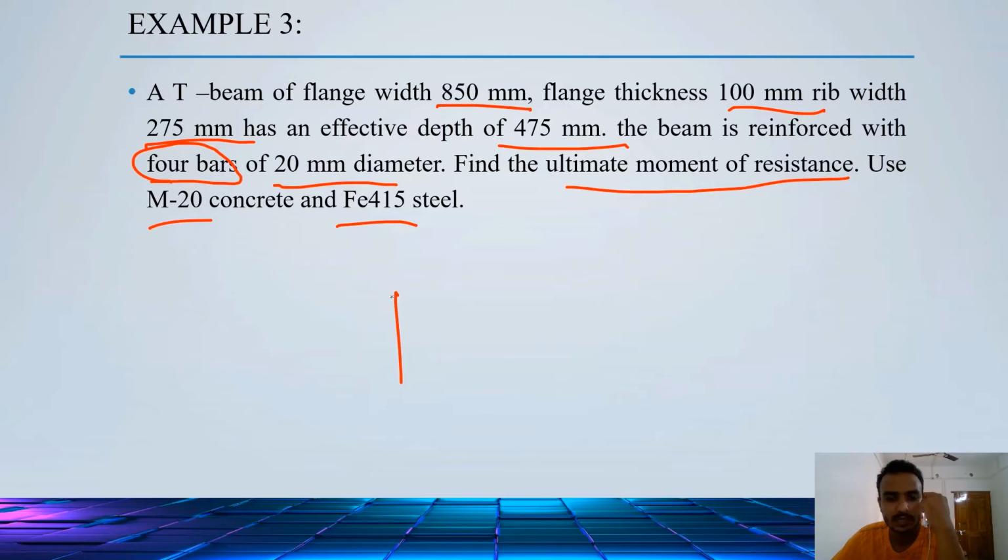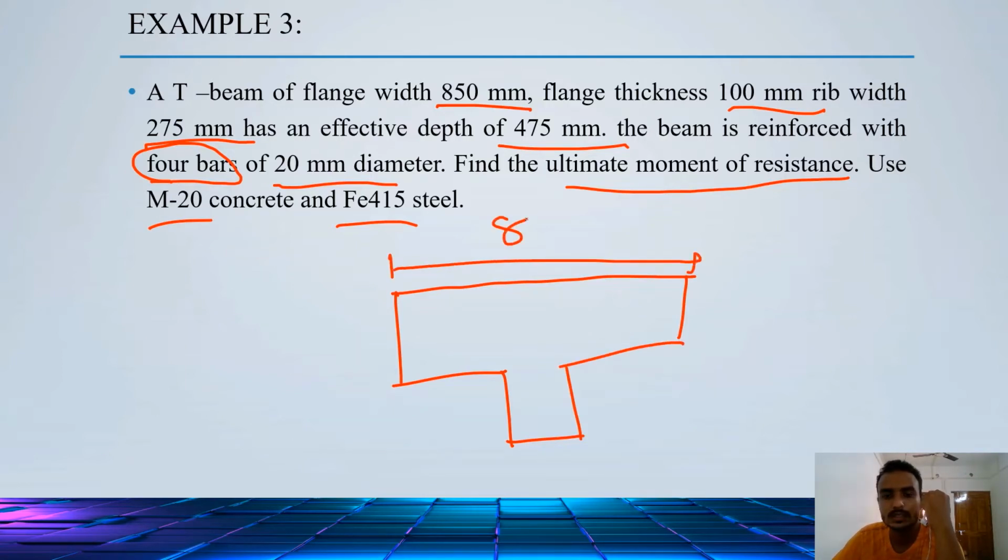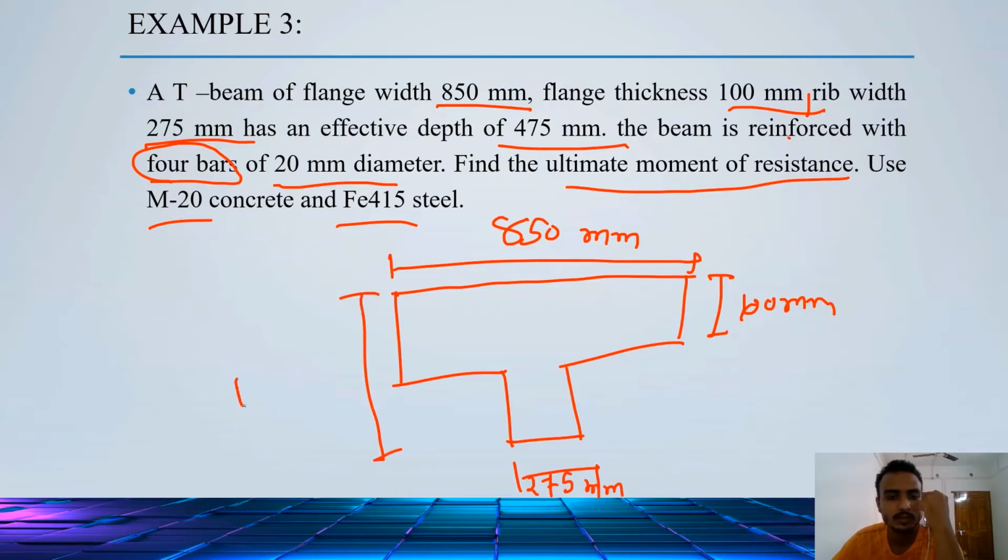So here I can draw the cross section. Flange width is 850 mm, flange thickness 100 mm, rib width 275 mm, effective depth 475 mm.